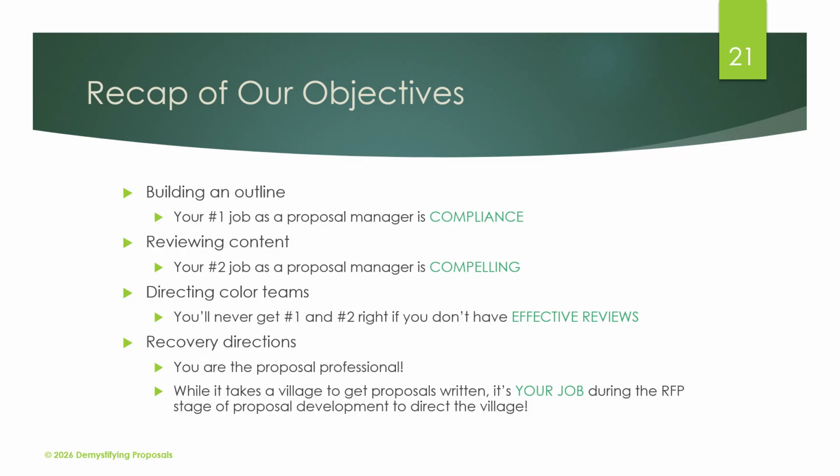And that means reading the content, hopefully reading it along the way so that you can help drive the authors towards that compelling aspect and not just responding to the requirements. Directing the color teams. You'll never get number one and number two right if you don't have effective reviews. So you definitely need to be really good at doing color teams. And the recovery directions are really important.